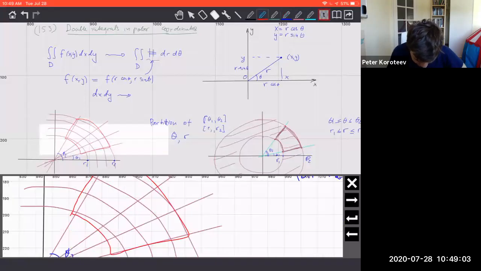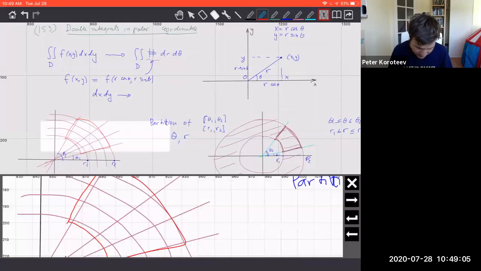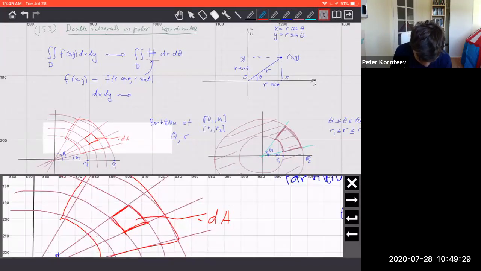Yeah, and then as before, it boils down to the right Riemann sum. We'll look at those small regions here, right? And now let's calculate what the area of the small region is. We can do that quite easily, right?